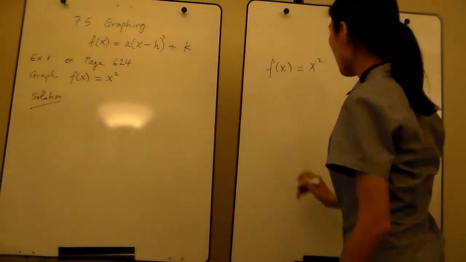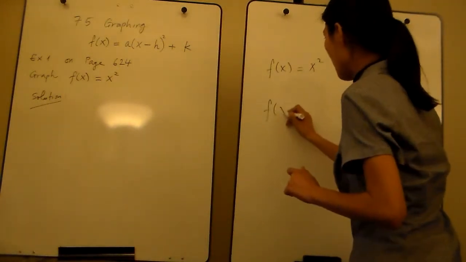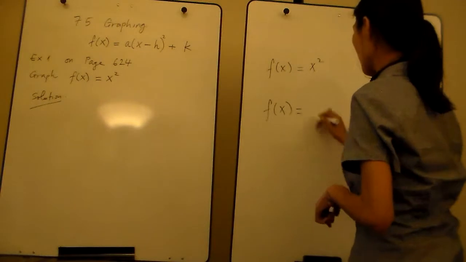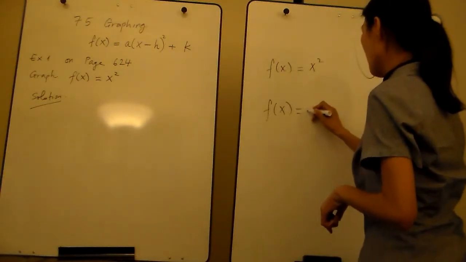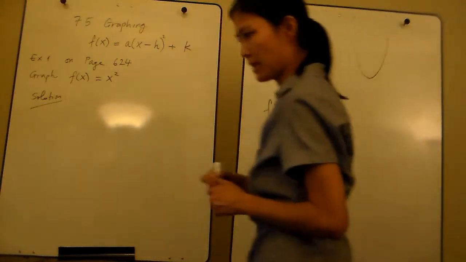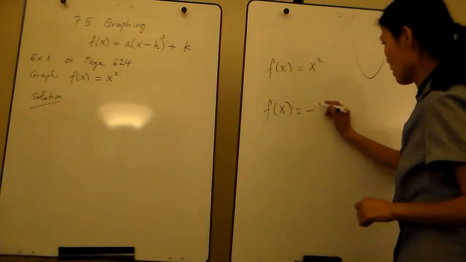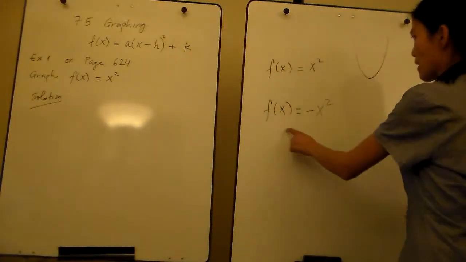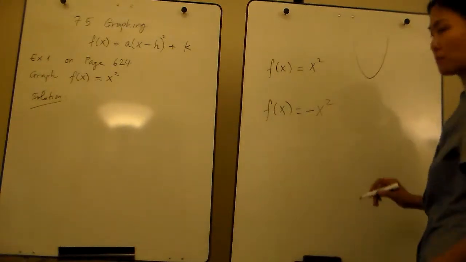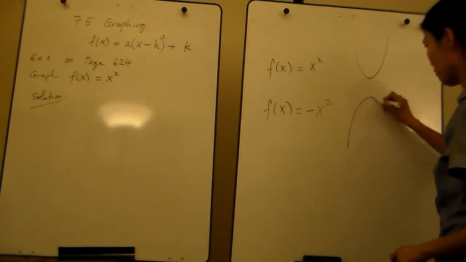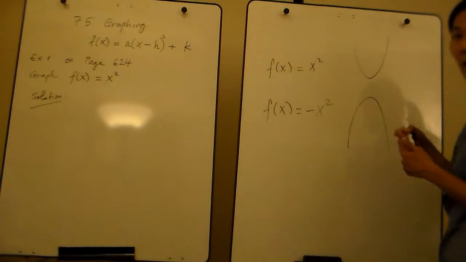When you see f of x equal to negative x squared, you will have this graph, flipped the other way around.